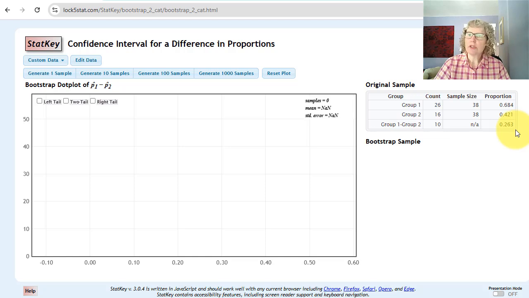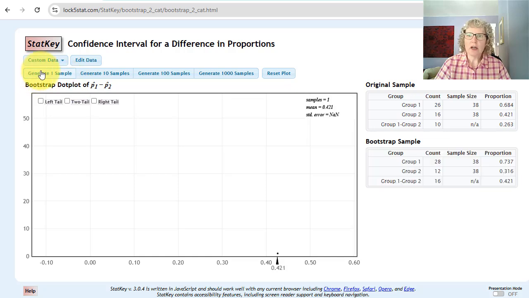Okay, so remember what bootstrapping is doing. It is taking this one sample, reshuffling. Imagine we have 2 different sets of cards, a group 1 and a group 2, right? It is going to shuffle all those together and then draw a new sample. So let's do one at a time here. There's 38 and 38, so it's keeping the 38 and 38.